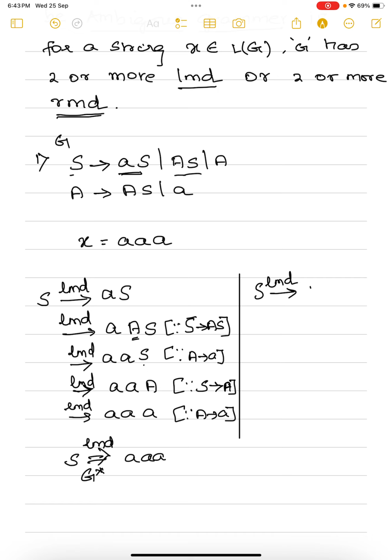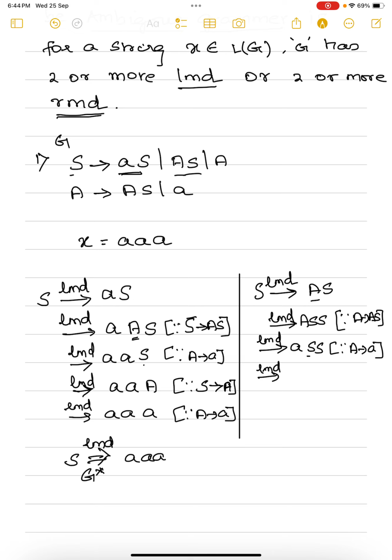Let me start with S goes to AS again. Since it is leftmost derivation, we replace this A with another AS, since A goes to AS is a production in G. Next leftmost derivation, this A you replace with a, since A goes to a is a production in G.